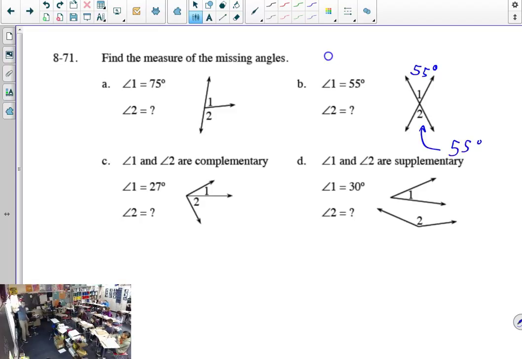Now, if they tell us over here in 71 that angle 1 is 75, and we know that's a supplementary pair, what does that mean they add up to? Zoe, what do supplements add up to? Supplements add up to 90? You have a 50-50 chance, right?